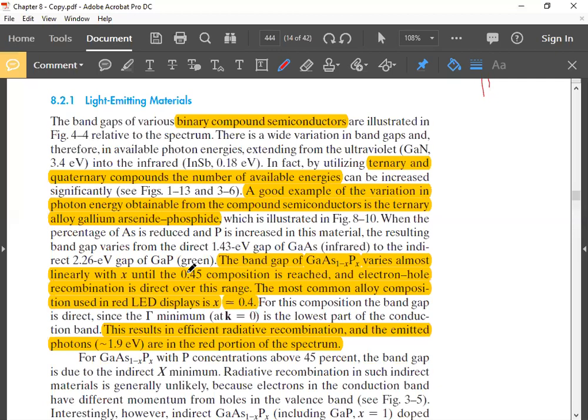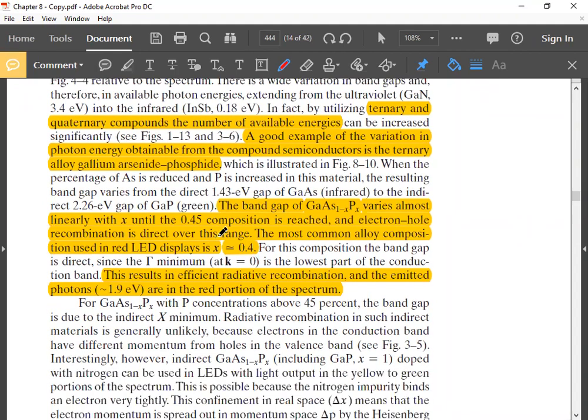Red LED, blue, yellow LED, white LED, those LEDs you have seen, are actually made with different compositions or different types of compound semiconductors. One example is here. If you vary x from 0 to 0.45, the material will remain a direct band gap material. If x is greater than 0.45, the material will become indirect band gap. So x equal to 0 means what?